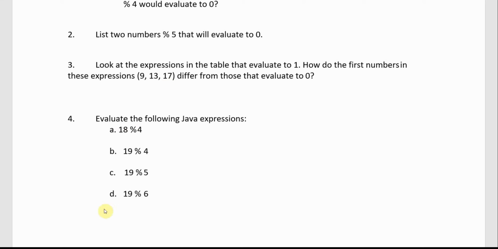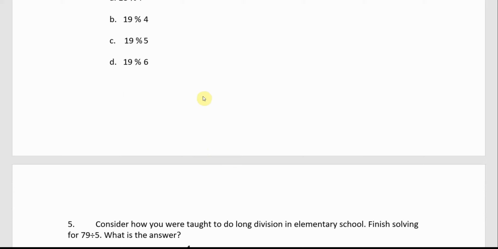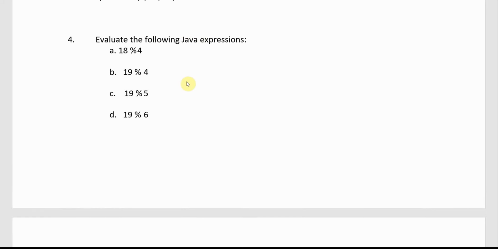So I will leave number 4 to you, given that explanation. Please keep in mind that the second number on these last two is a 5 and a 6. It's not a 4. What we're coming up with on number 4 are the remainders.